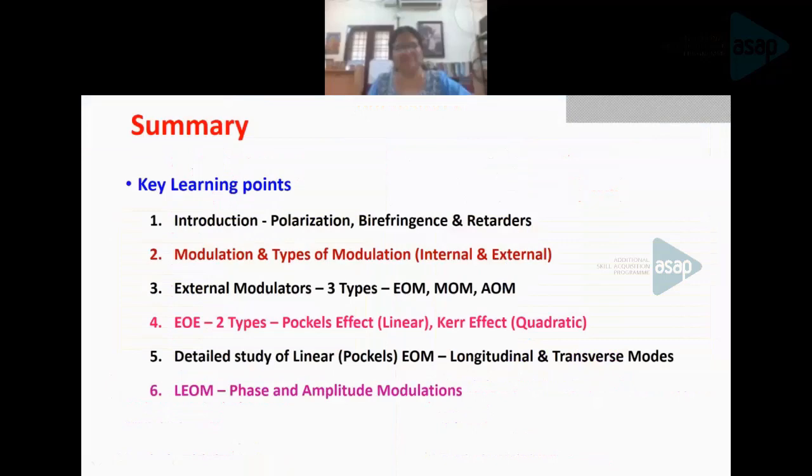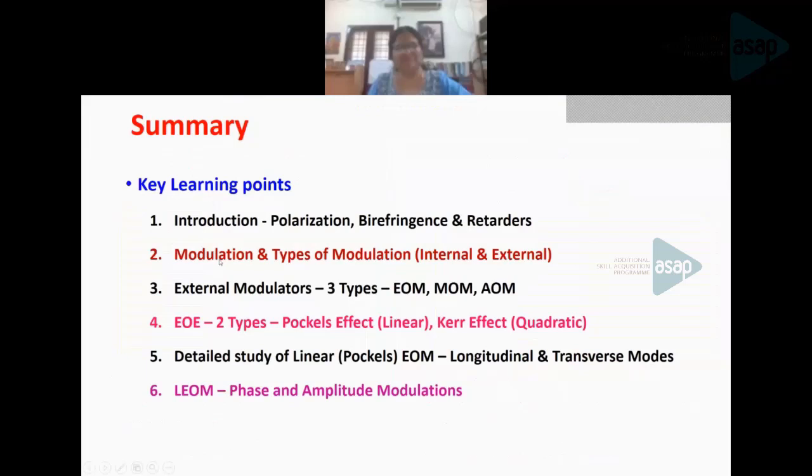So in summary, we have introduced the terms birefringence and retarders in the introduction part, and we have studied modulation and types of modulation, different types of external modulators, and the electro-optic effect.